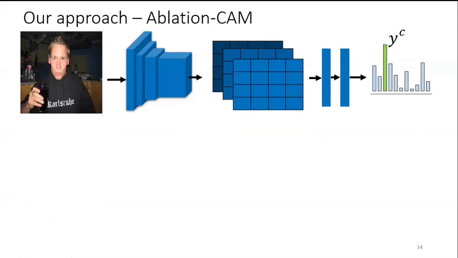So this is how we thought we could associate importance to each feature map and then get a visualization.